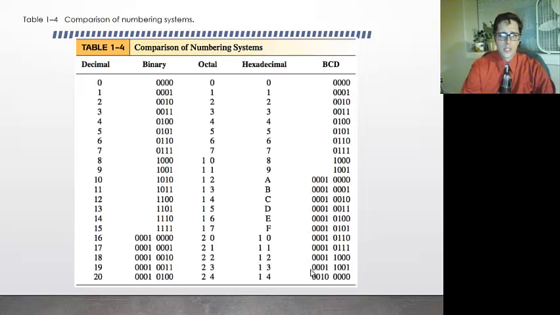Really what we're representing is each digit of the decimal is represented by 4 bits in the BCD system.